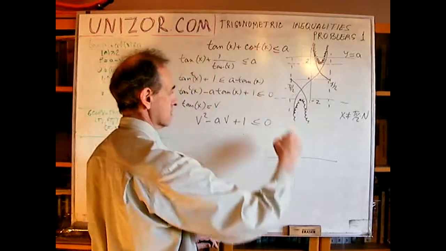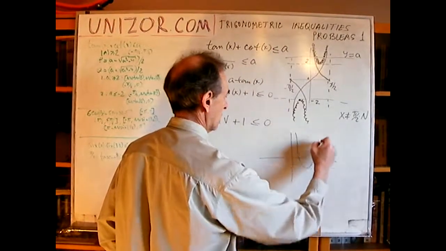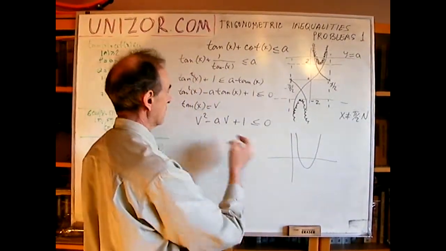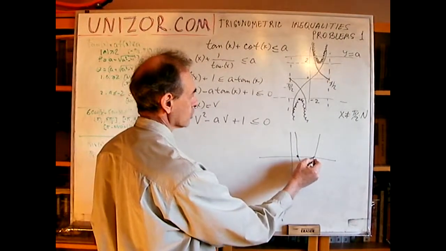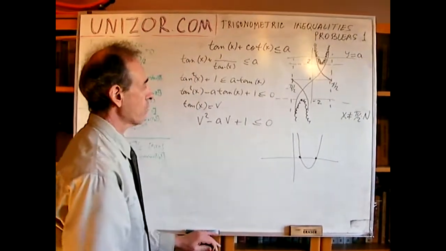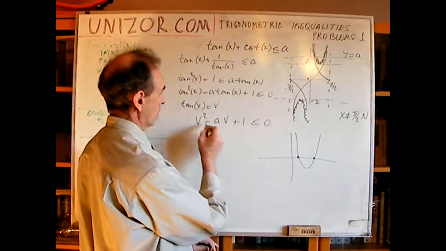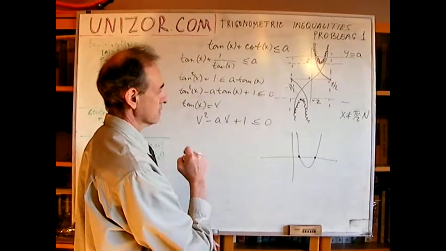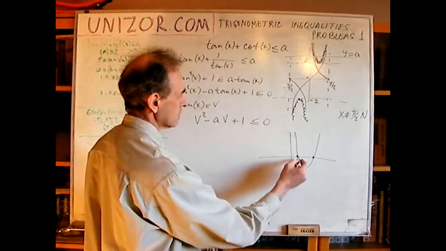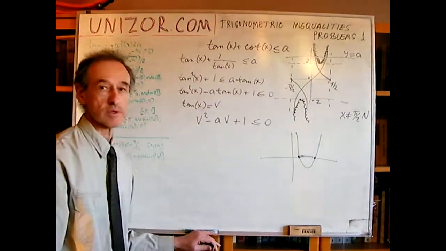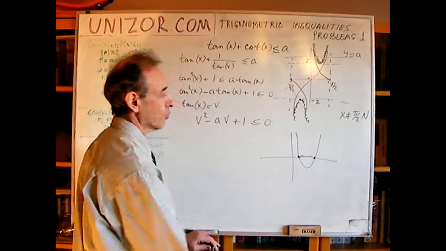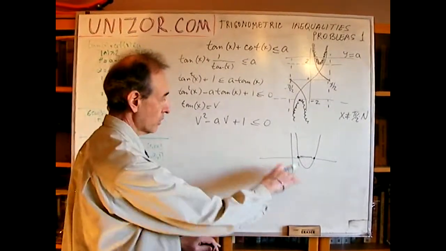In this case, it's this way. So depending on where exactly are solutions to the corresponding equality, where the whole left part is equal to 0, solutions to this are all these values of argument in between these 2 points, right? Because that's where the whole parabola goes below 0.